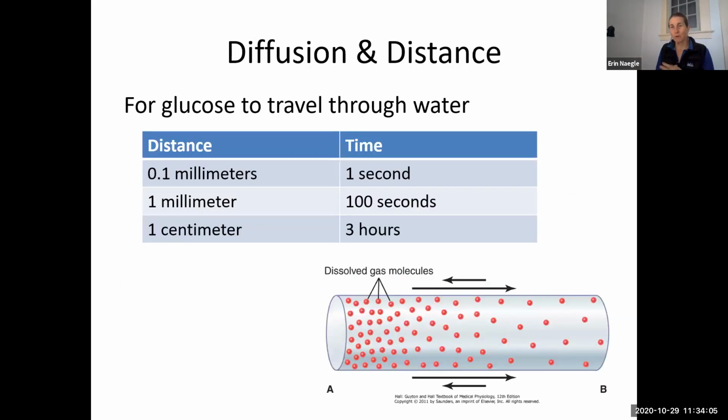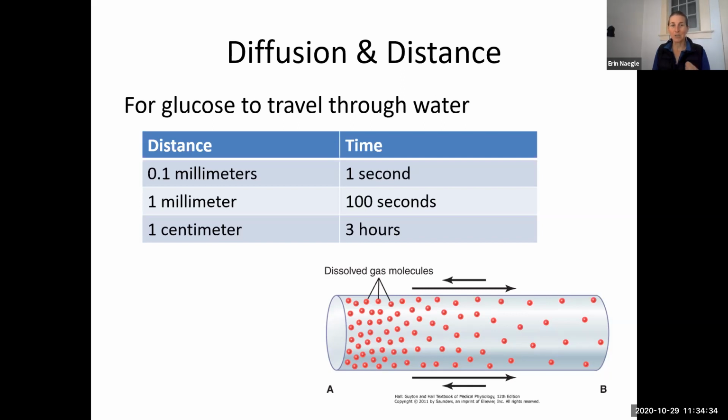And something that's really important to recognize is the effect of distance on diffusion. So, for example, if you were to have a concentration of glucose in water and then measure how long it takes that glucose to diffuse through that water, it takes 1 second for it to go 0.1 millimeters, so just a fraction of a millimeter.